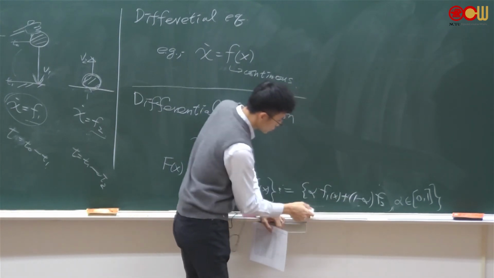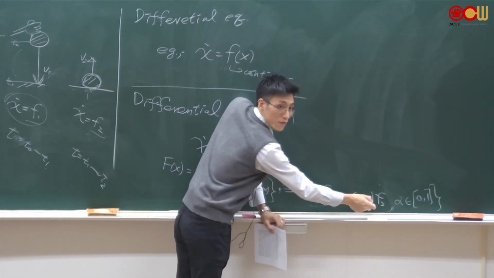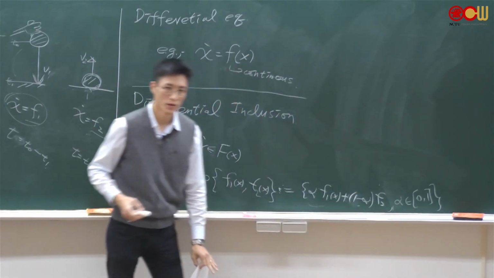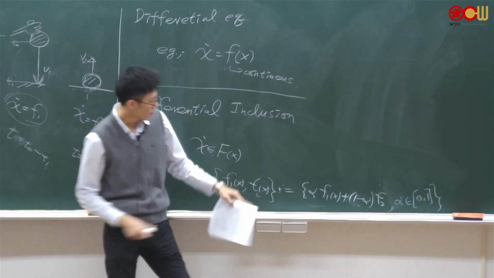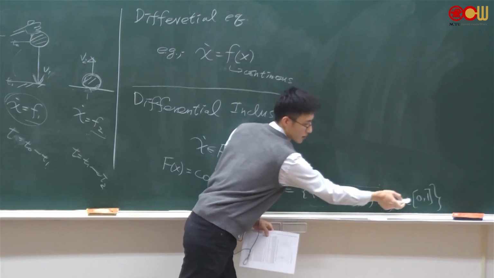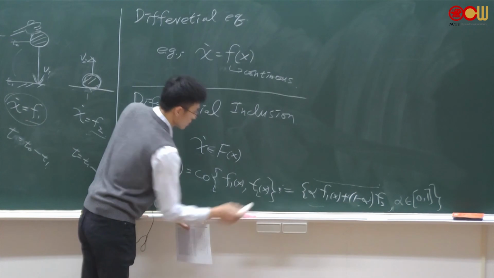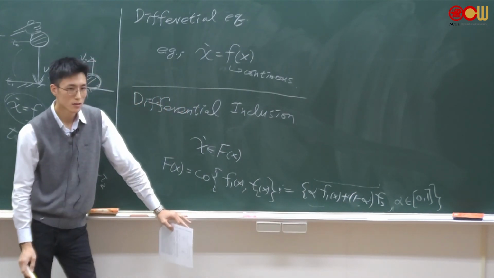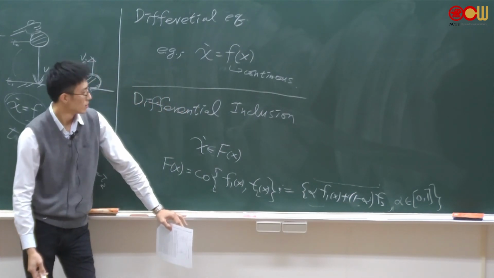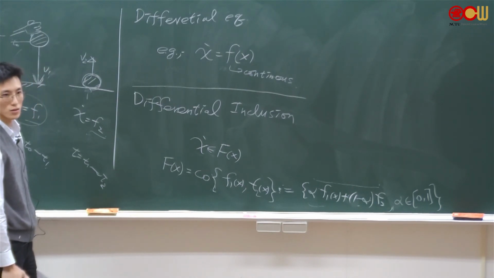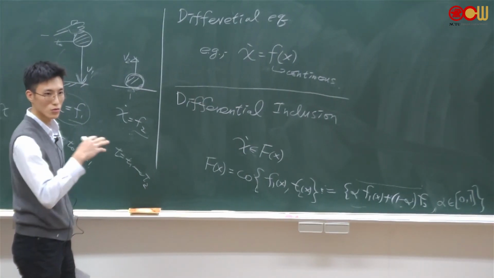It's a linear combination of F1 and F2. And the coefficient is alpha, which is between 0 and 1. Every one of this function with different alphas. When you see this bracket, it's a set. 很抽象. So there's no unique solution. It's a set of solutions.